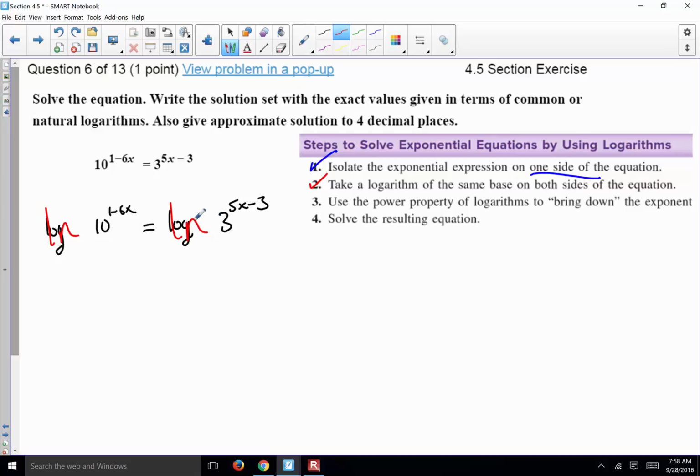You have 3 options: 10, 3, or ln. Or maybe this is a better idea. Are you gonna go with 10 on the left side and 3 on the right side? 4th option. Okay, here are your options: base 10, base 3, base E ln, or mix 10 and 3.